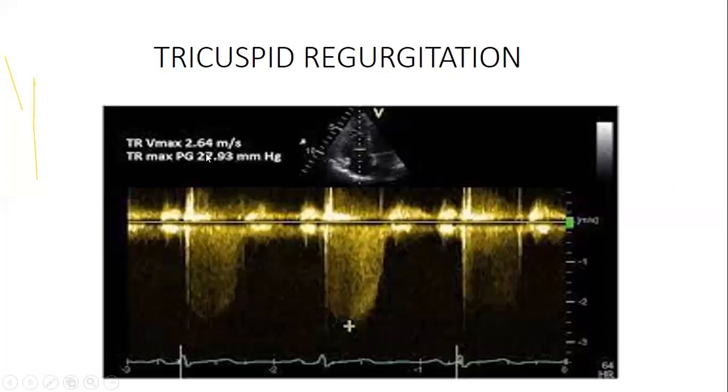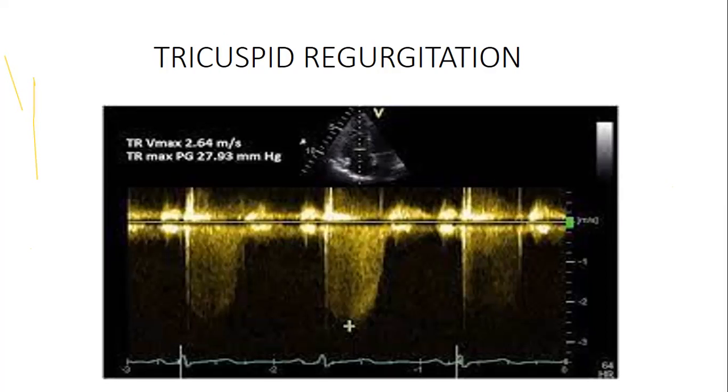So this figure is very key. But for example, if I get a pressure gradient of 40, even before I add my 8 or 10, the pressure gradient of TR is already very high. It simply means that the right ventricle systolic pressure is around 40 something, and already that is pulmonary hypertension.